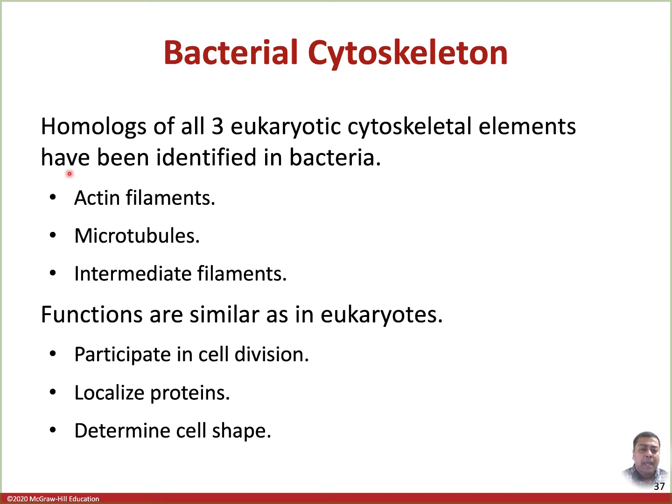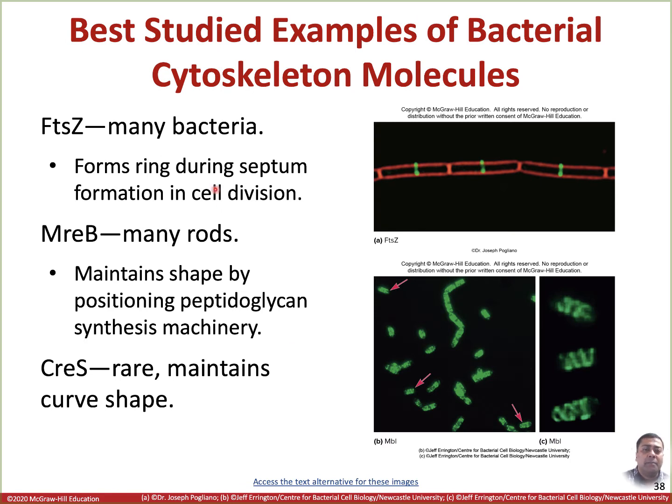What they do is participate in cell division, localize proteins, and determine cell shape. Here are a couple of examples. For example, FtsZ in many bacteria forms a ring during the septum formation of cell division. So this single cell is dividing, 1 into 2, 1 into 2.